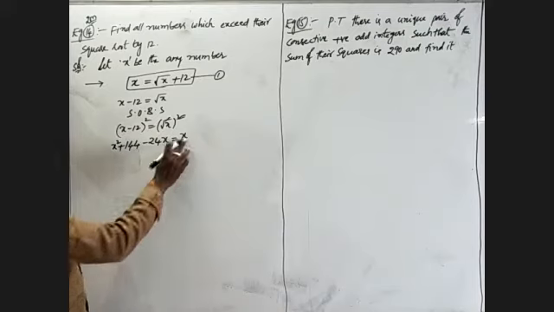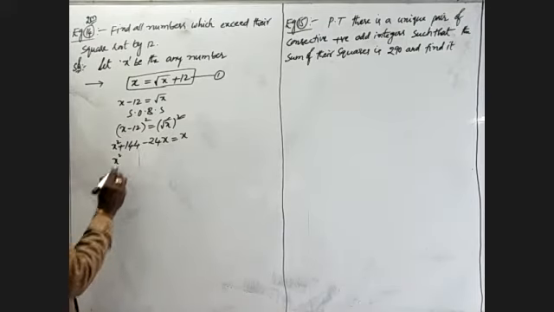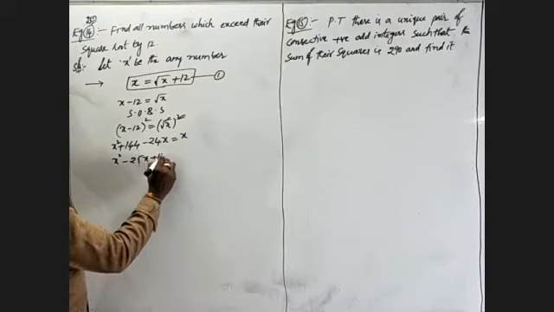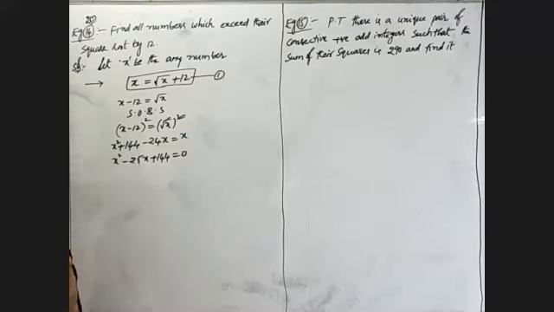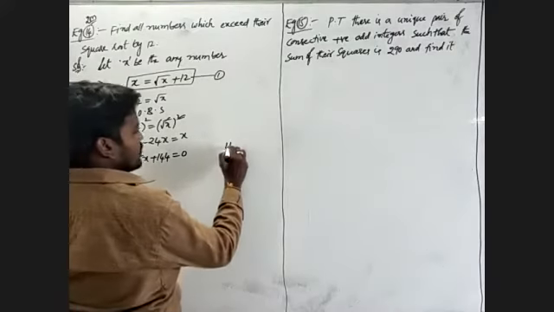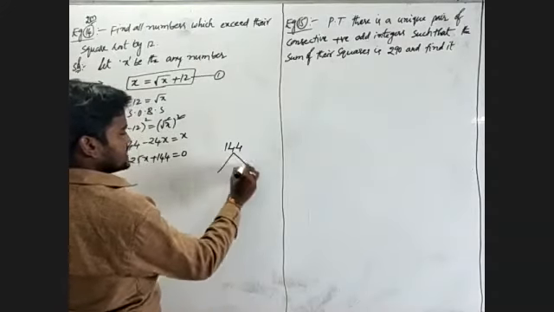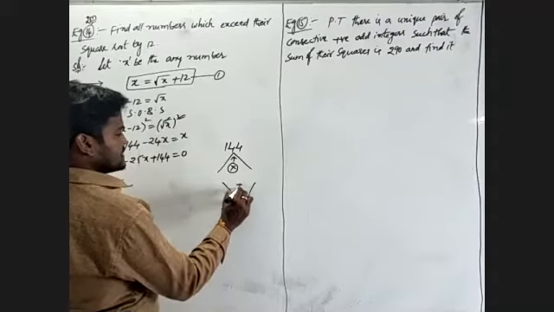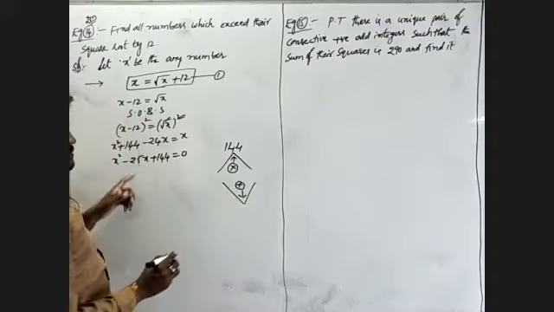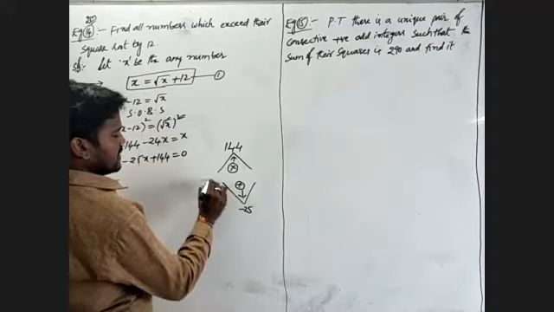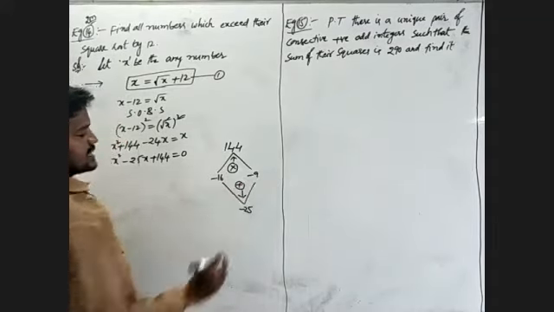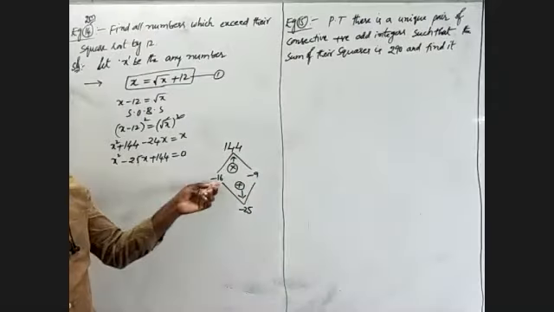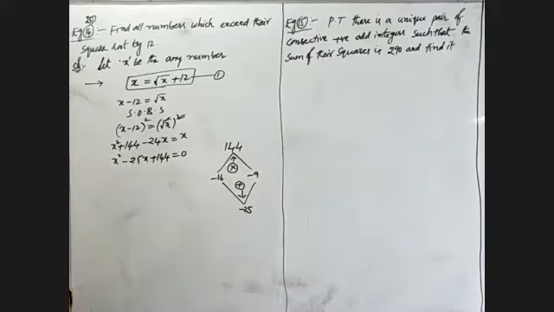This value will become this side, so x square minus 25x plus 144 is equal to 0. 1 into 144 is 144. When their multiplication is satisfied, their addition should be minus 25. That is minus 16 and minus 9. Minus into minus will become plus. 16 times 9 is 144, and minus 16 minus 9 is minus 25.